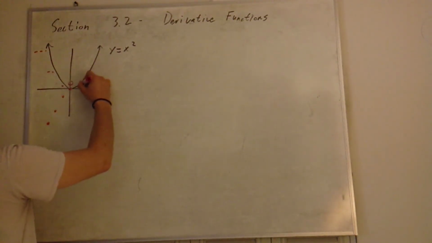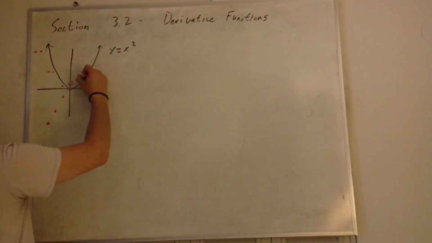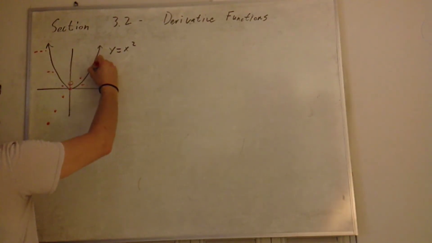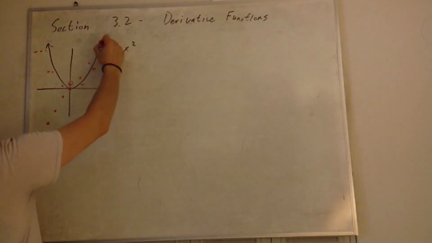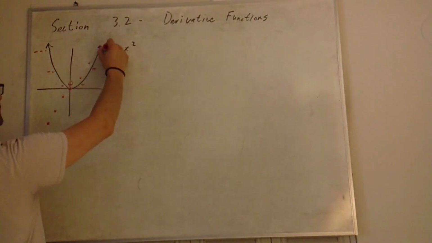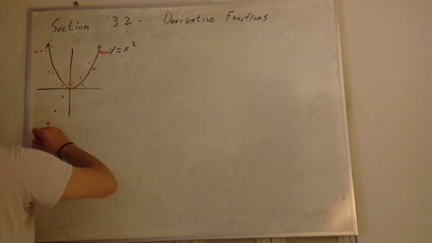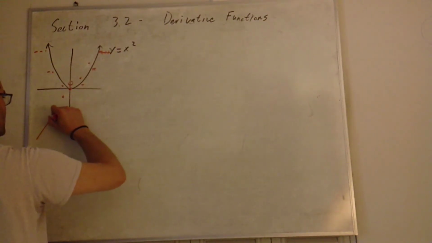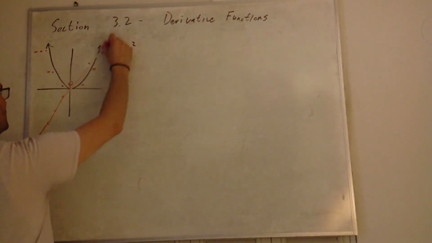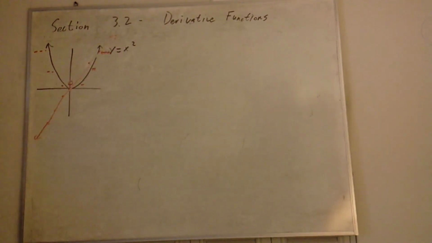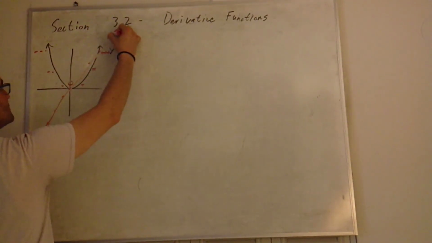Here the slope will be very slightly positive. Here it'll be more positive. And over here it'll be extremely positive. The slope gives me a straight line like this. I don't know if that's showing up on the camera, these markers.